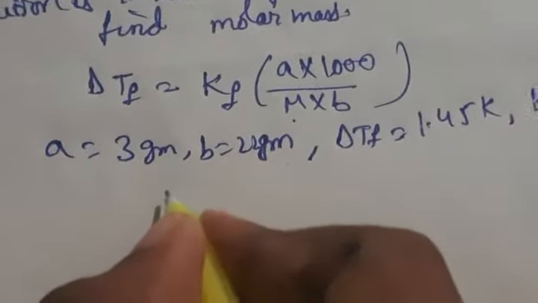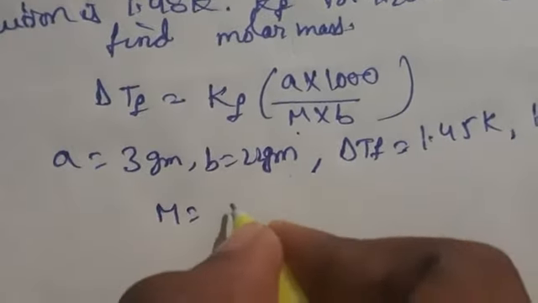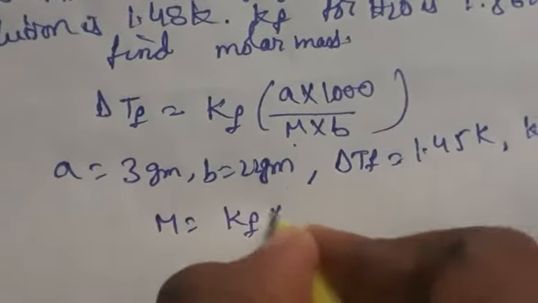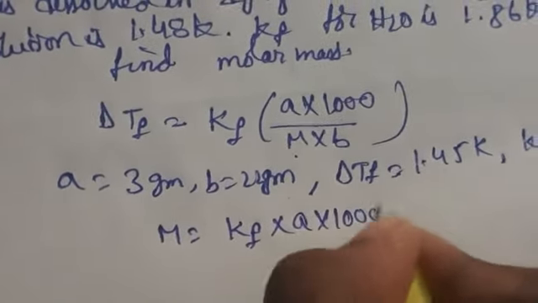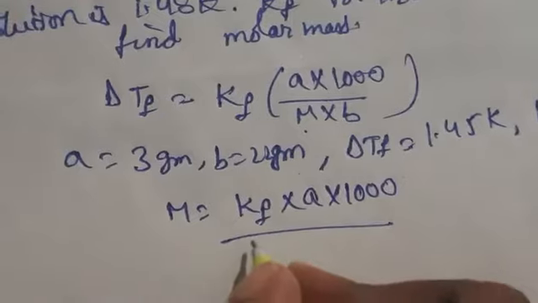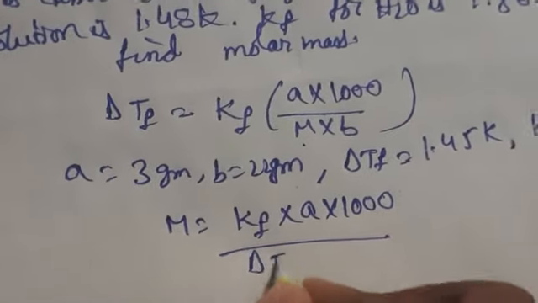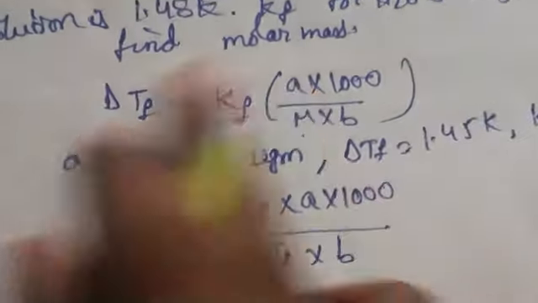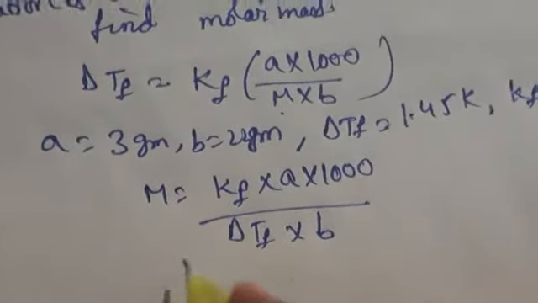So now m is equal to Kf into A into 1000 divided by delta Tf into B, because we are finding m.